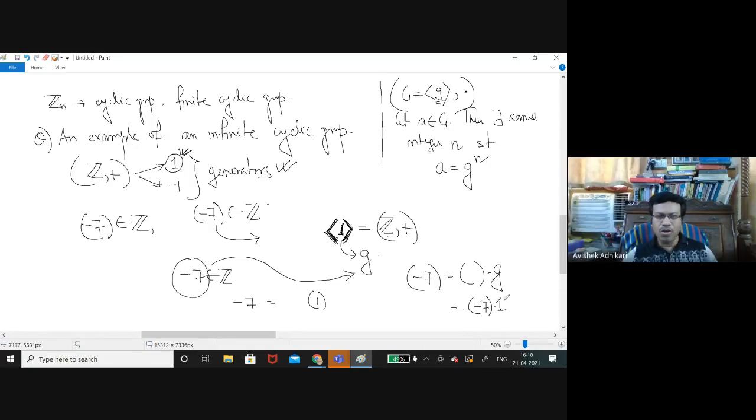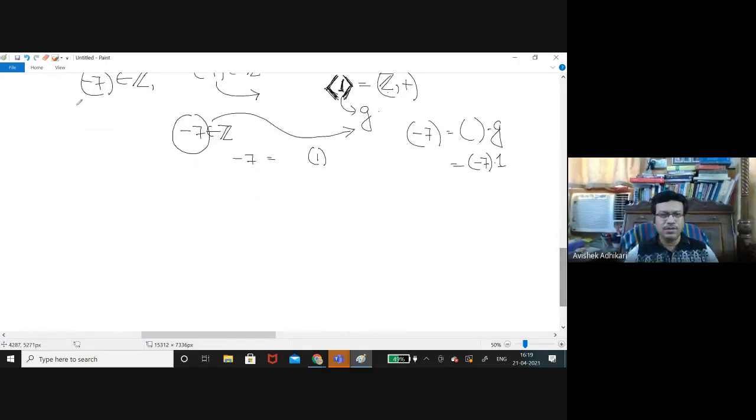It does not mean that 1 is added minus 7 times. You cannot add 1 minus 7 times. You can always add positive terms. So what does it actually mean? That is very important. If A is any element of G, and I am considering an additive group, the notation n into A has three different meanings.